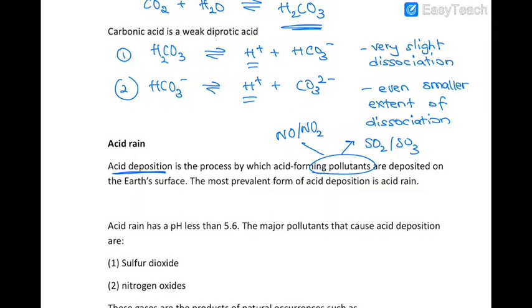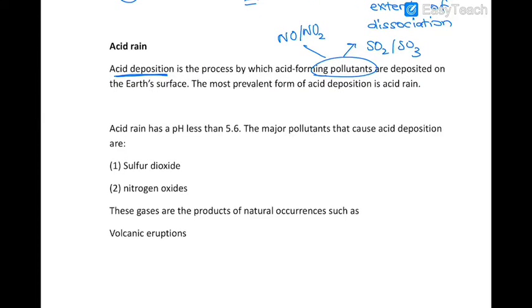This is what we have learned to be acid rain. Now we're looking at the term more as acid deposition rather than acid rain. Acid rain has a pH of less than 5.6, and the major pollutants that cause acid rain or acid deposition are sulfur dioxide and nitrogen oxides.